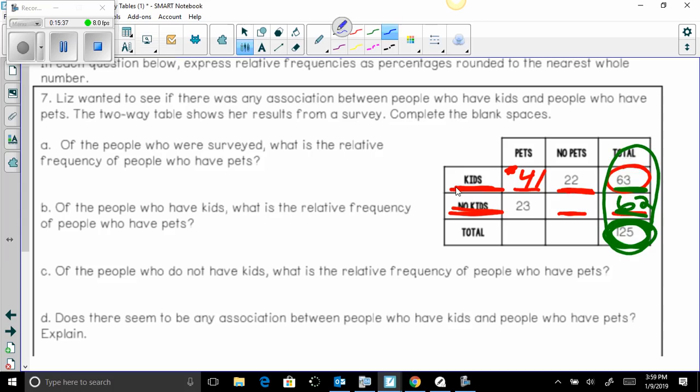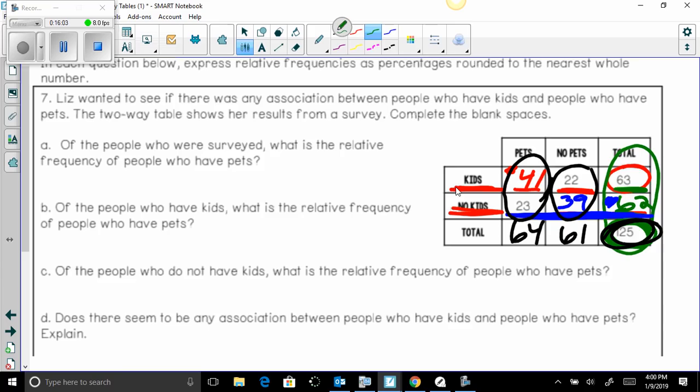Does that then help me here? It certainly does. If there are 62 total people who had no kids, how many of them had no pets? If you do your math there, that would be 39. Now I'm left with enough information to add that column. This down here was really key to help me find out that second part.